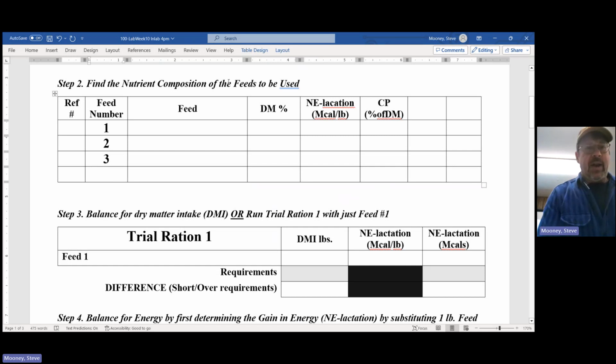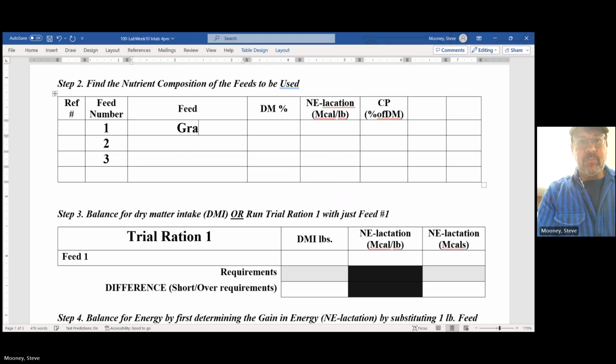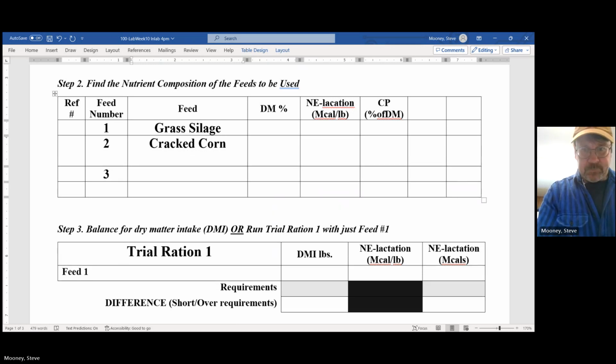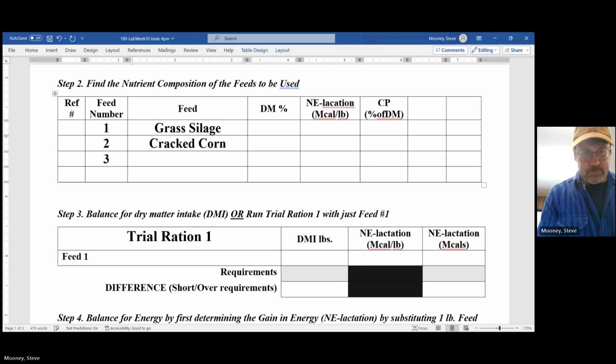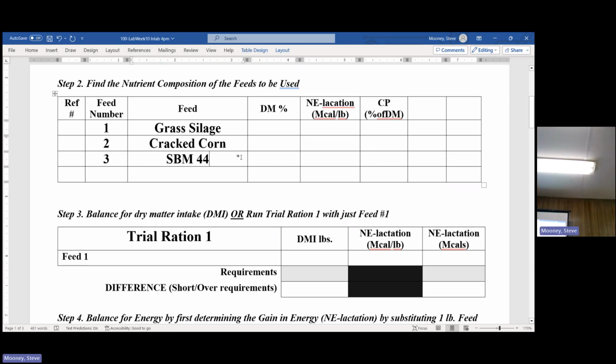So we're going to have a grass silage, a cracked corn, and soybean meal 44.